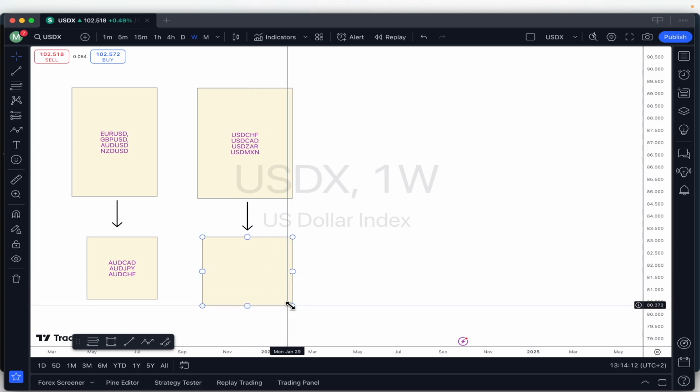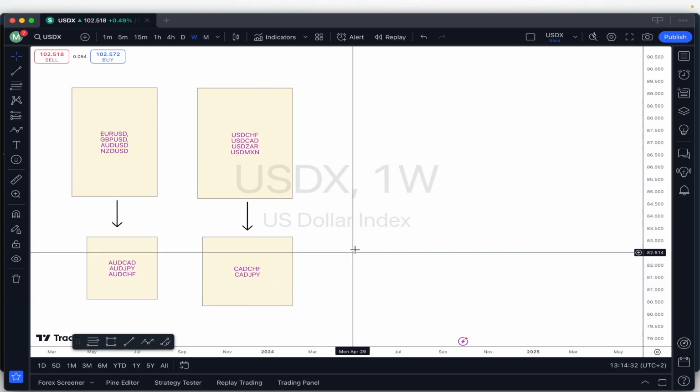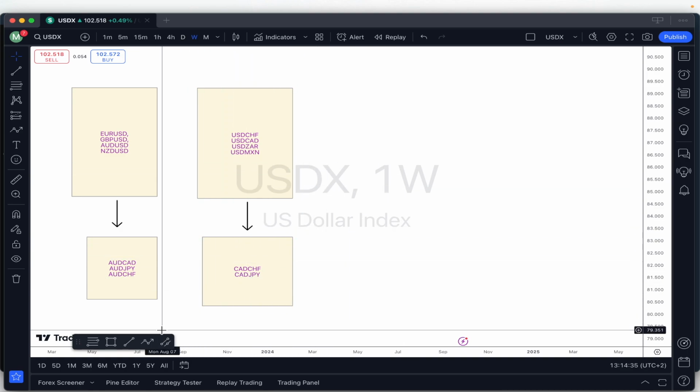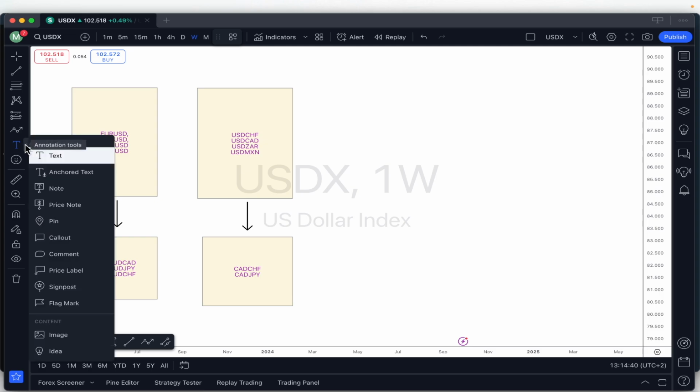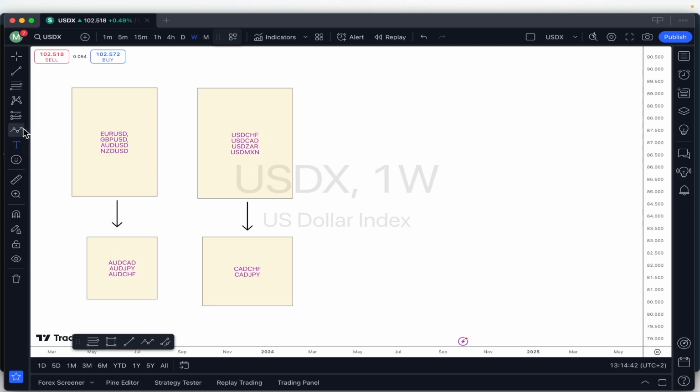All right. So at the same time, that means any pair of the likes of CAD CHF, let's say CAD JPY, I'll just put a few, etc., you already know what these are going to do. So why am I saying this? I'm saying this to show you that the market will always have correlation and disparity of pairs.